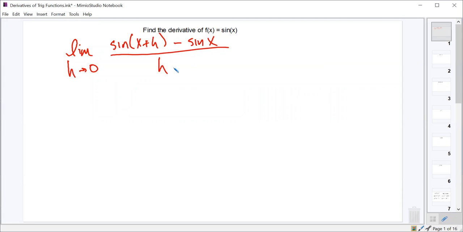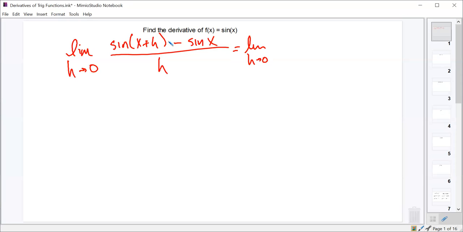Change some stuff up. Like what? Could you use the trig identities to expand sine of x plus h? I could, and I will. That's what we will do. Do you happen to know offhand what that identity says?